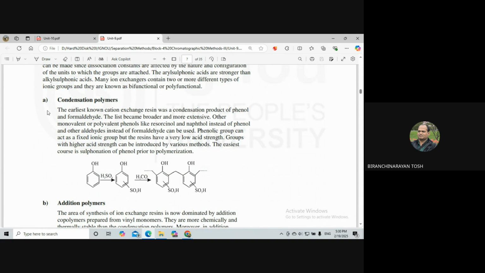Now, by condensation polymerization, we can prepare these cation exchangers from phenol. When phenol reacts with sulfuric acid, we get phenol sulfonic acid, and when it reacts with formaldehyde, CH2O, we get the phenol formaldehyde resin having sulfonic acid as the exchangeable group.